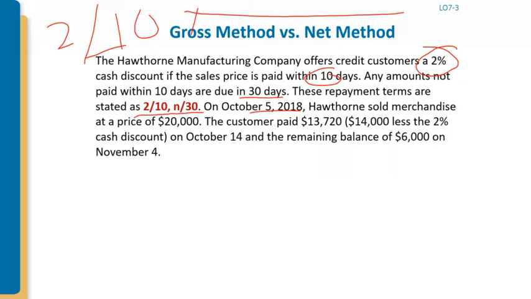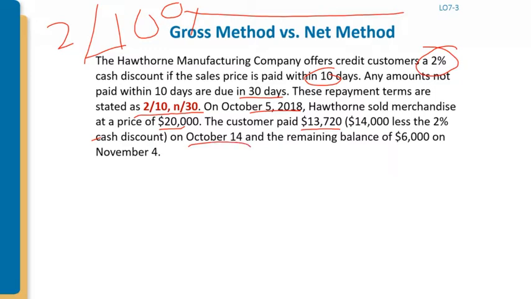So we are starting on the 5th day of October, okay. On October 5, the company sold merchandise at a price of 20,000. The customer paid 13,720, which is 14,000 less 2% cash discount, on October 14.